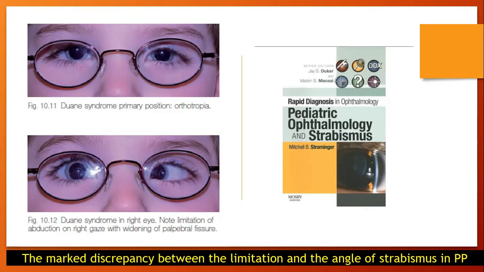Although the examiner asked me to do version, when testing the version, you start by the primary position. So you check for the alignment at the primary position, and Hirschberg will give you a clue. Then use the same pen torch as a fixating target to test the versions.